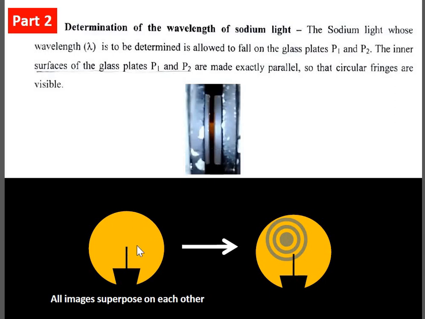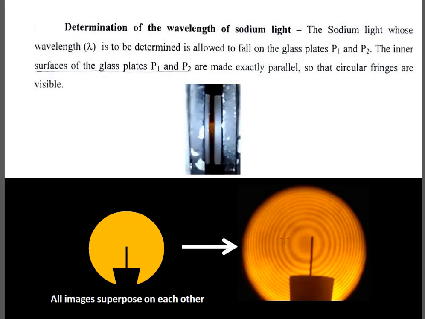But once they are parallel, all the images will superimpose, and what will we see? We will see the fringe pattern. And this is the actual fringe pattern. This is what we see in the lab. Of course, to get this fringe pattern, we have to use the horizontal and the vertical screws to move it near the center of our field of observation. Now we have talked about this.